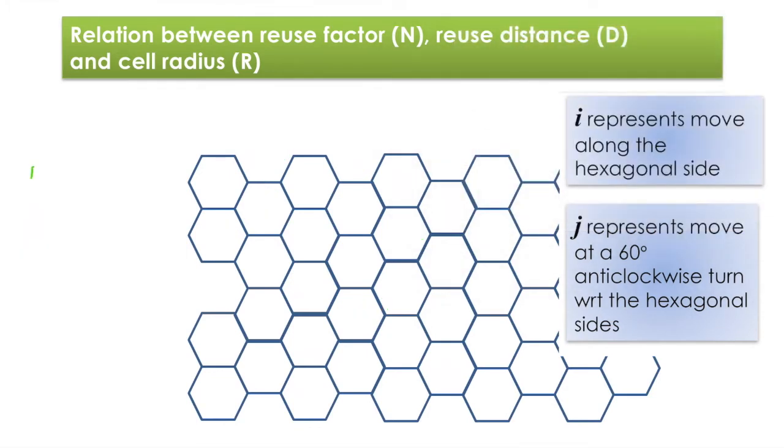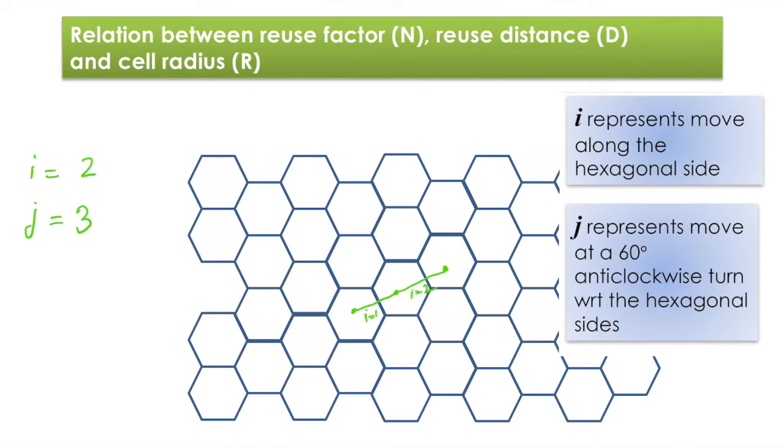Now let us consider i equal to 2, j equal to 3. Let us consider any one cell, here this cell. Here i equal to 2, so along the sides we have to move 2 cells. This is one move, i equal to 1, and this is another move, so i equal to 2.